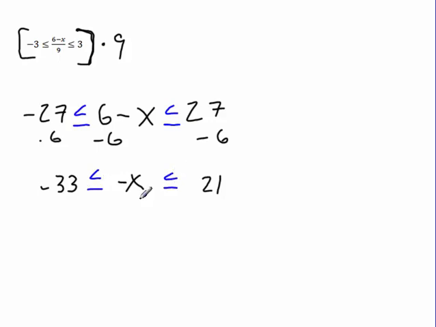Now, solving for x, since it's a negative x in there, I want to divide by negative 1 or multiply by negative 1. However you want to think about that, that's okay. I personally think of it as dividing by negative 1. So I'm going to divide everybody by negative 1.